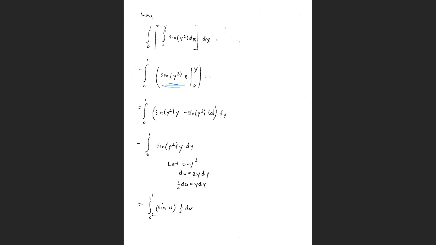So we'll put in the y and the 0, those top and bottom limits for x, which we do here. And this gets us down here. Let me give you a moment to catch up. Let me know if there are any questions, please.